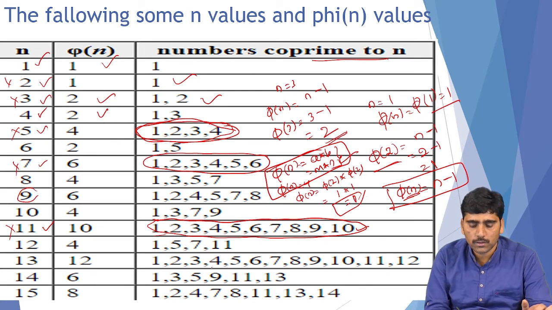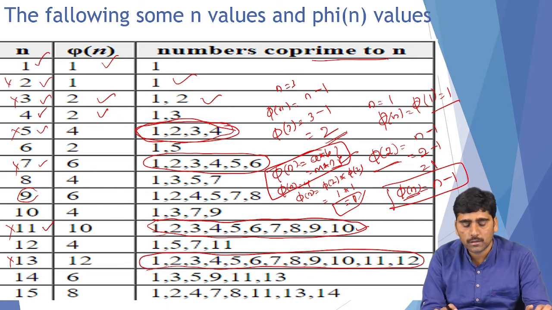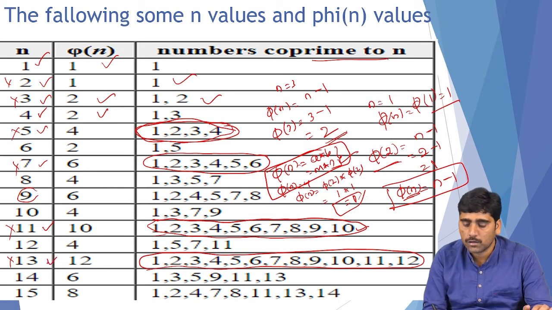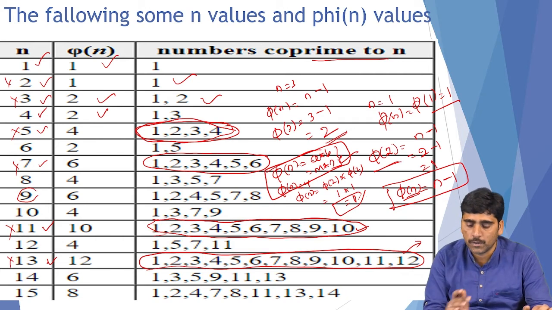So this is the way, and phi of 13 is also the same, up to 12. For all the prime numbers, the co-primes are all the numbers up to the last number before it. So that has to be defined.